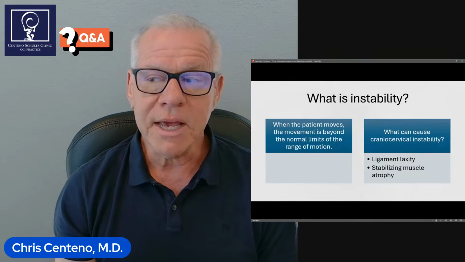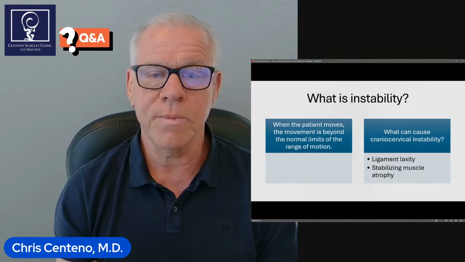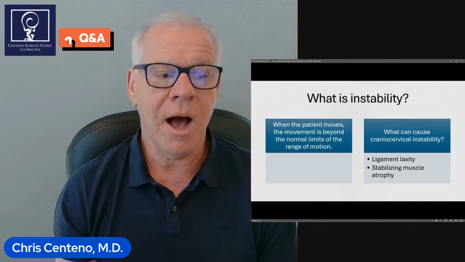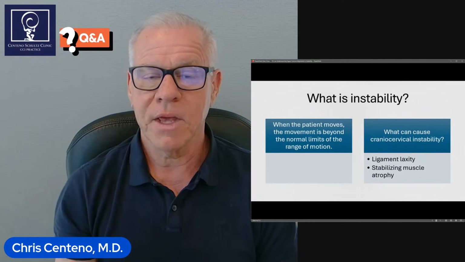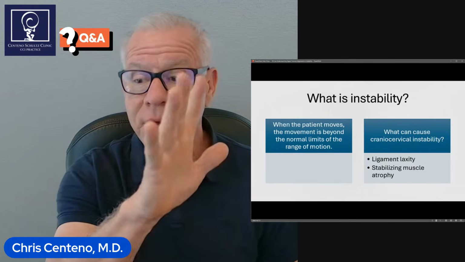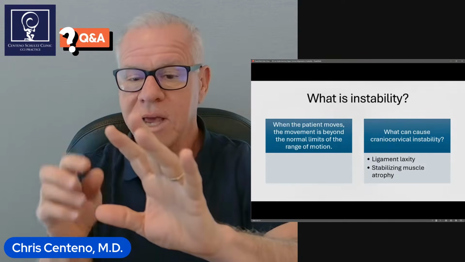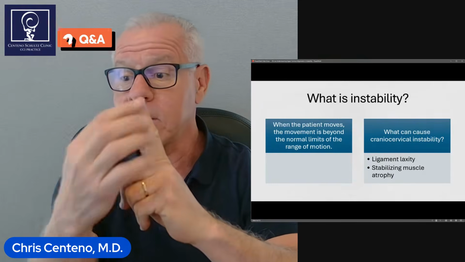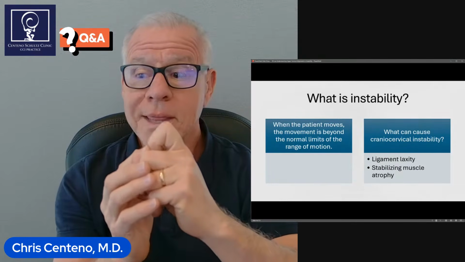Now, instability is a different concept. Instability is a movement-based concept. When the patient moves, the movement is beyond the normal limits of the range of motion. For example, if you look at my finger joints here, my finger joints have a certain range of motion. Let's look at this old man finger joint here. It can go this far this way, but then it stops.